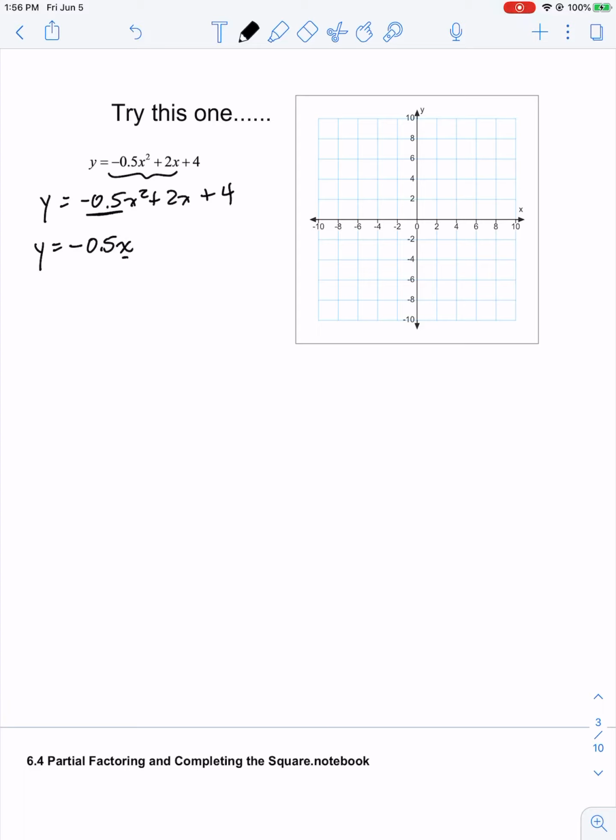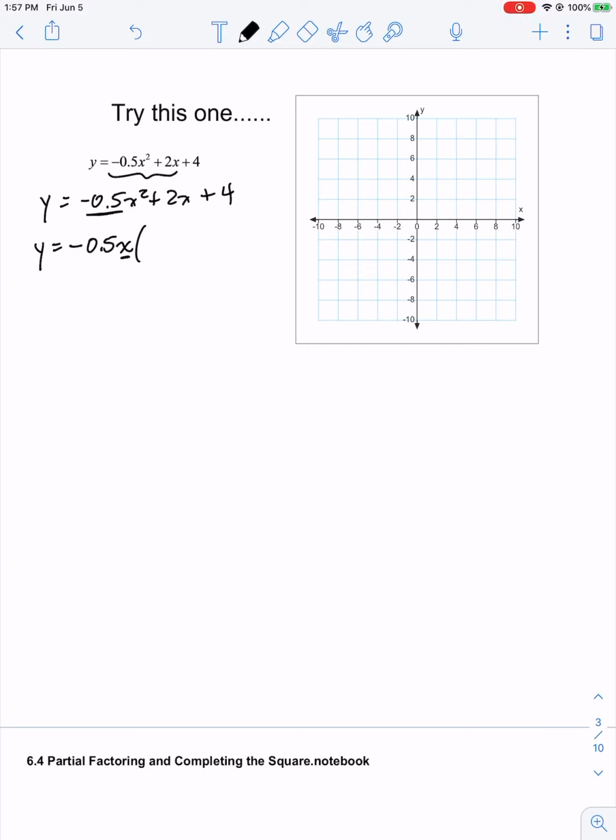You should always have an x here because the first two terms will always share an x, because the first one has an x squared and the next one has an x. And then what you do with that coefficient is up to you. You can leave it in the bracket. You can take it out of the bracket. It really doesn't matter. I'll show you both versions.